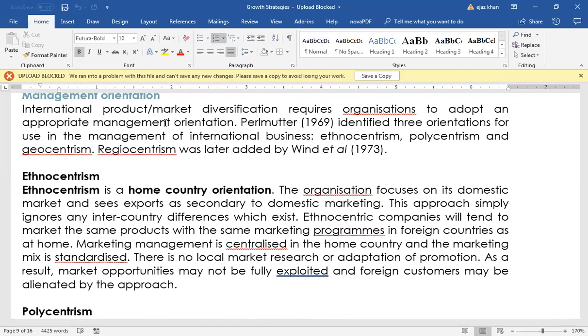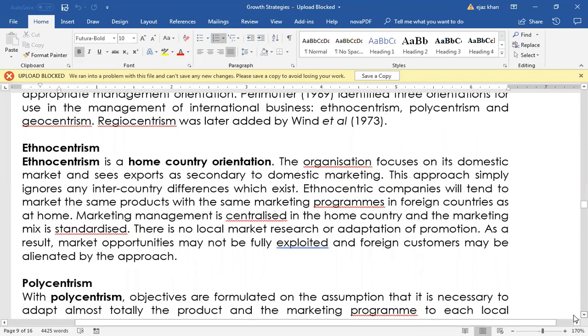And these are ethnocentrism, polycentrism, geocentrism, and later on, regiocentrism was added as well by Wind et al. Let's discuss what these orientations are.